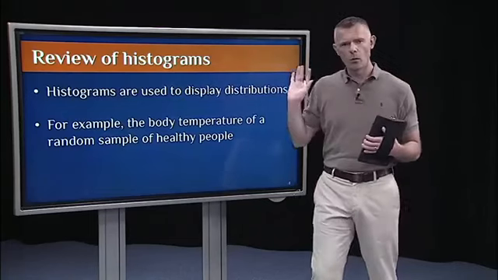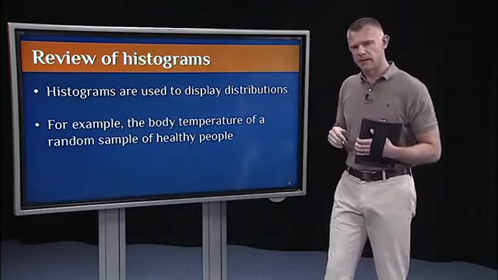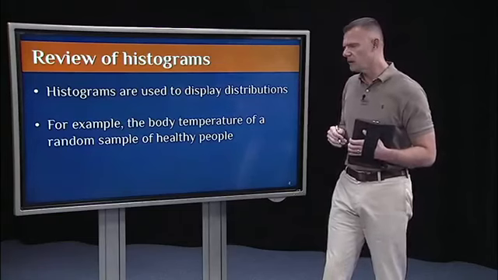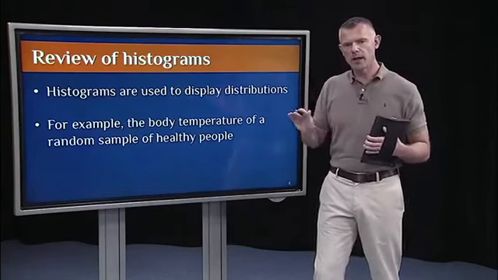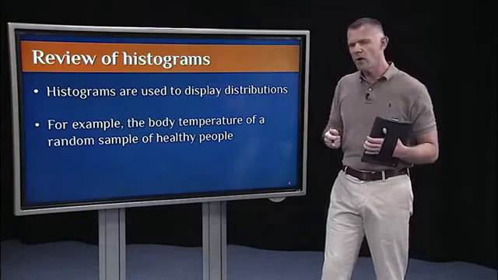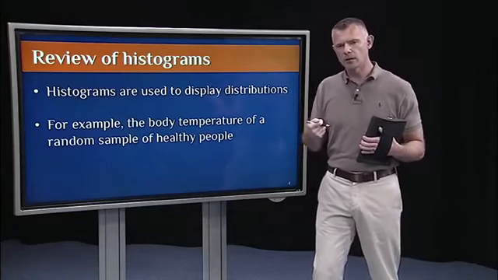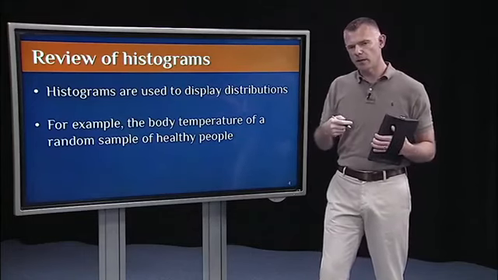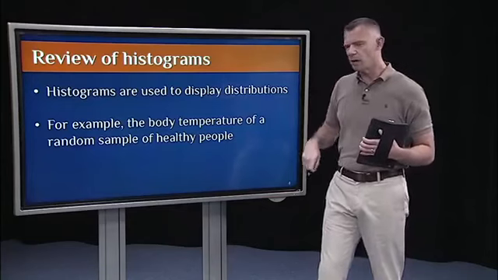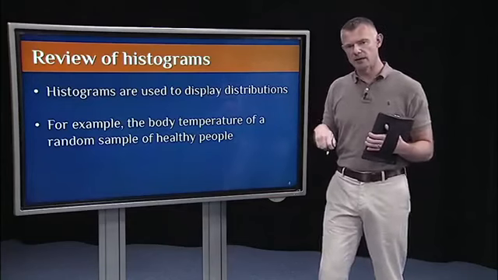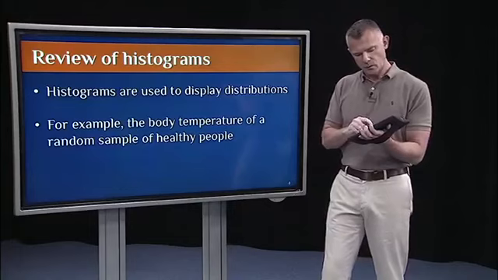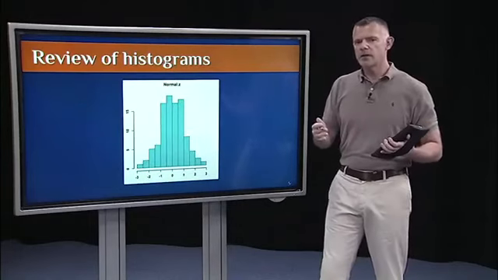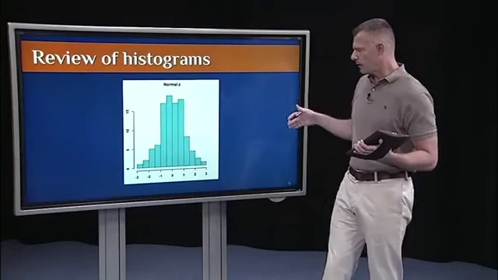Remember way back in the second week we talked about histograms, and they're used to display distributions. One that I relied upon a lot was a histogram to display a distribution of individuals and their body temperatures. If we converted everything to z-scores, it looked like this.